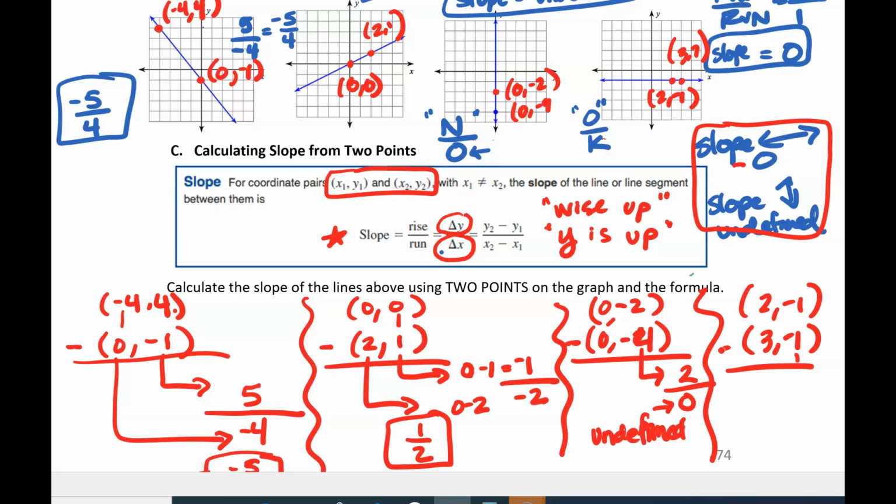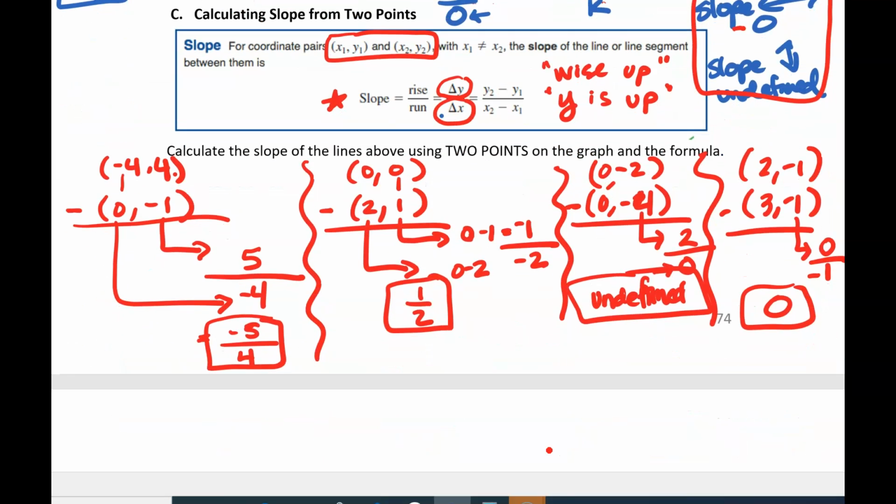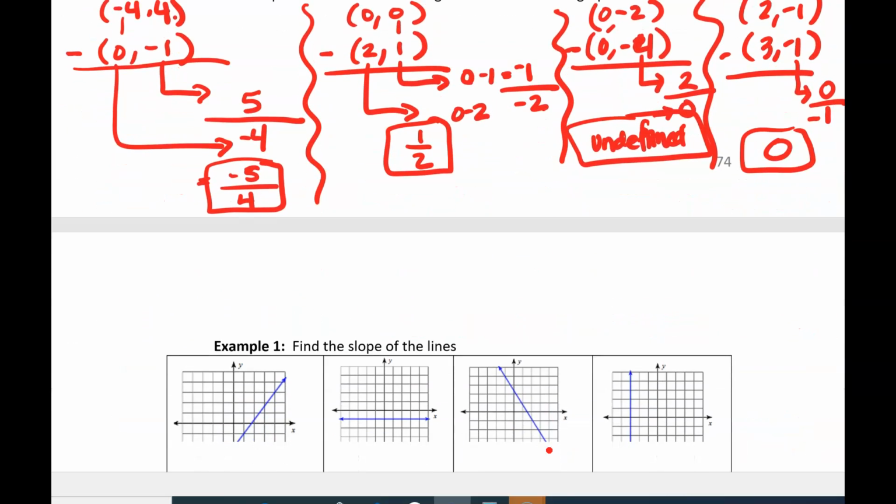I subtract the y's first. So -1 minus -1 is -1 plus 1, so I get a 0 on the top. 2 minus 3 is -1. 0 divided by -1 is just 0, so the slope is 0. So you've seen how to do it visually, and now you've got the algebraic way to do the slope.